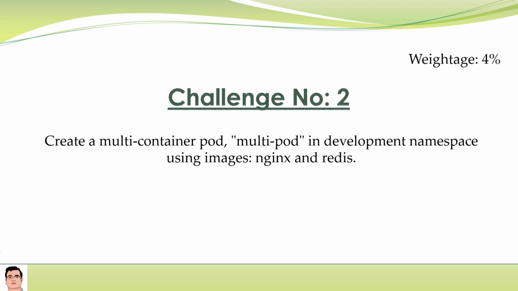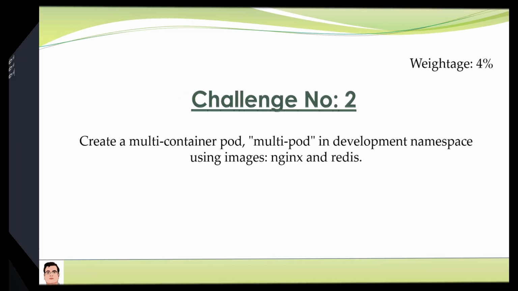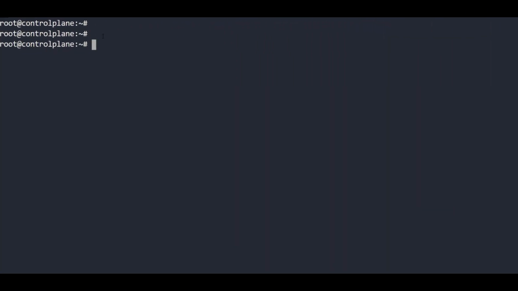So now jumping to the lab to create a multi-container pod. For this question, we have to create a multi-container pod named multi-pod in the development namespace. First thing we need to check is whether the development namespace exists or not.